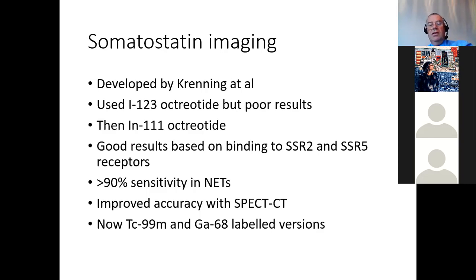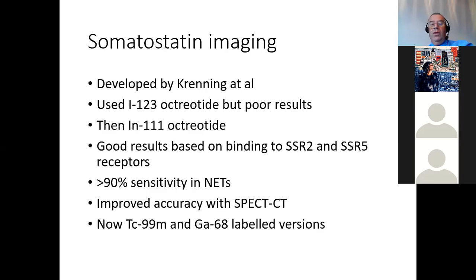The octreotide bound to somatostatin 2 and 5 receptors, which are overexpressed in neuroendocrine tumors, and he noted very early on a 90% sensitivity. In a paper in 1993, not 2003, 1993, he published the results of the first 1,000 patients that were scanned with indium octreotide that confirmed an accuracy of over 90%.